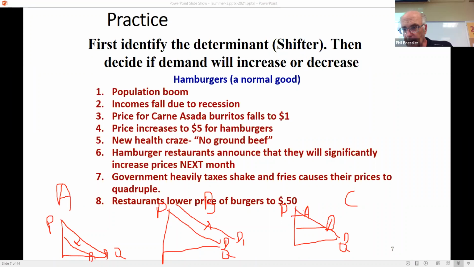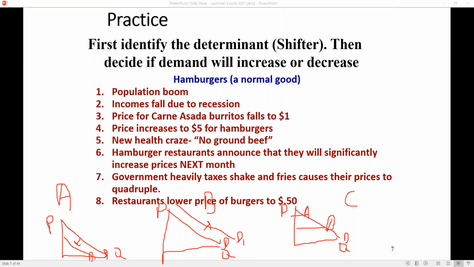Nick, could you help him out? What would be the determinant? I'm not really sure. I thought changes in price don't shift the curve. It doesn't. But is it a change in the price of hamburgers, Nick? Oh, no, it's not.